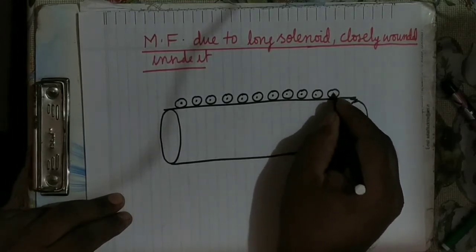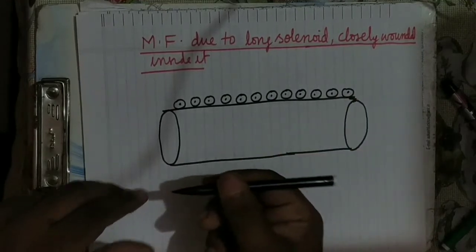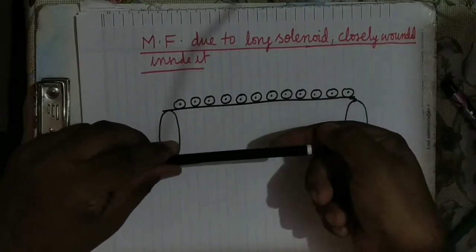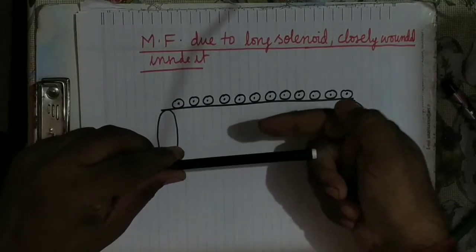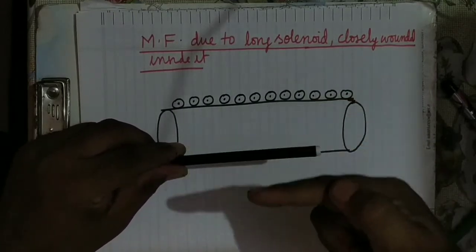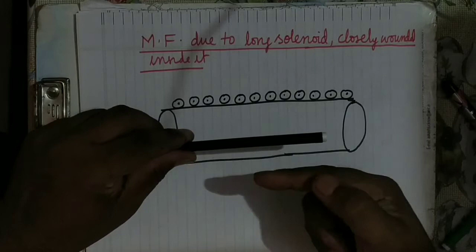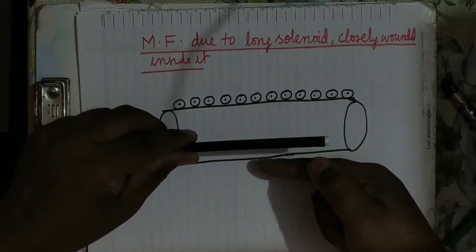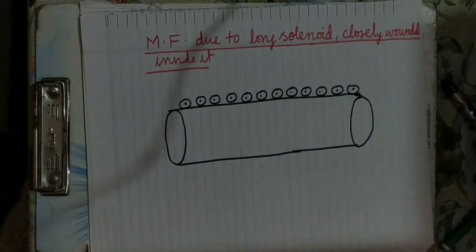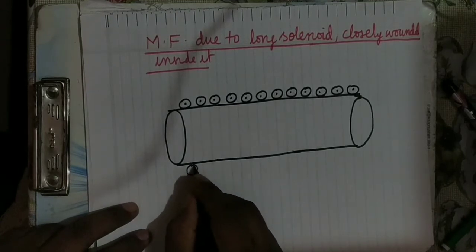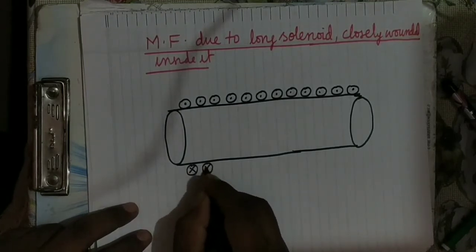Now on the other side, the current goes in this way, perpendicular to the plane of paper, downward.